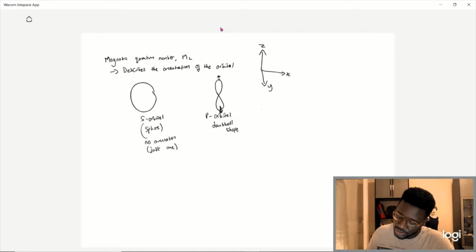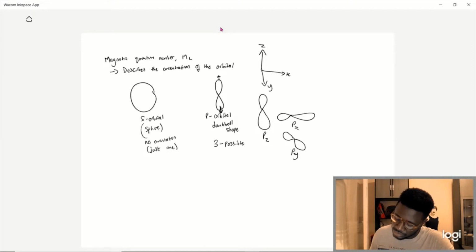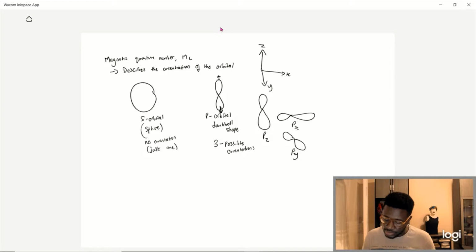So you're going to have your pz, px, and py. So you have three possible orientations. There is a kind of pattern to it.